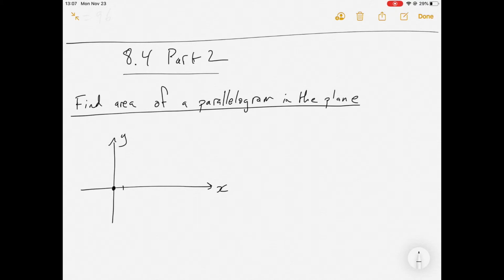I'm going to use 3, 1, and I'm going to use 2, negative 5, and then I'm going to need this. So here is my parallelogram, not quite drawn to scale.